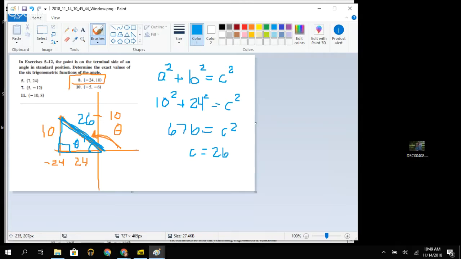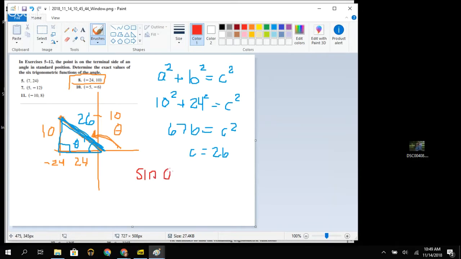Now I need to find my sine, cosine, and tangent using my ratios, but then I have to use the knowledge that my x is negative. I'm in the second quadrant. The sine of theta is equal to my y over my radius.